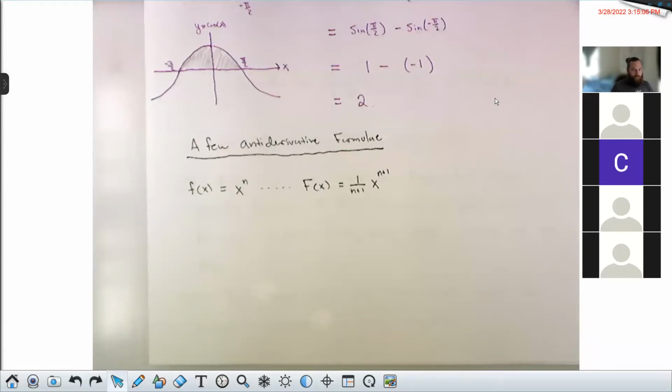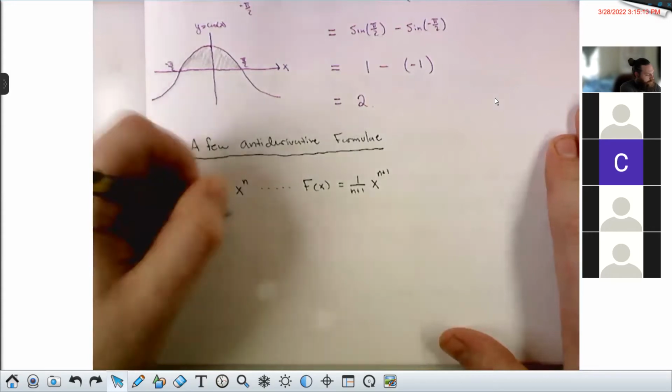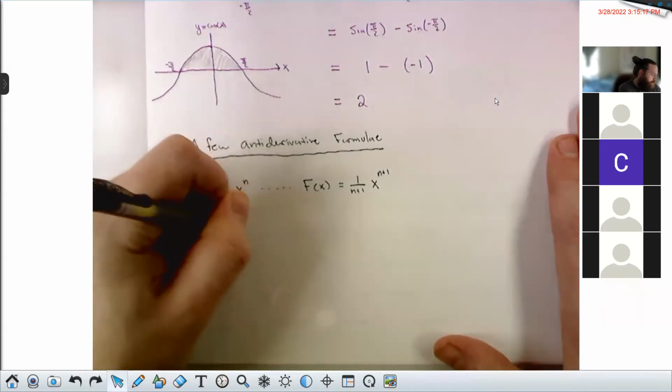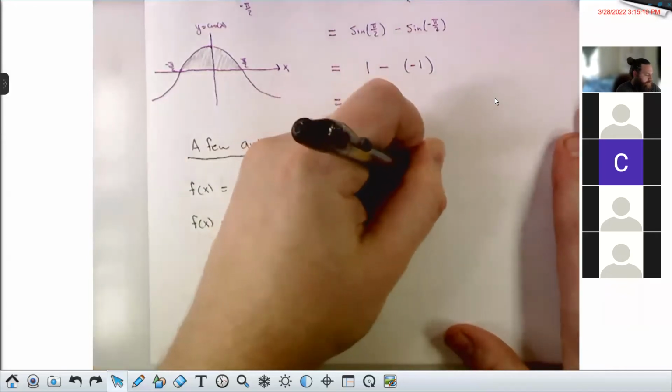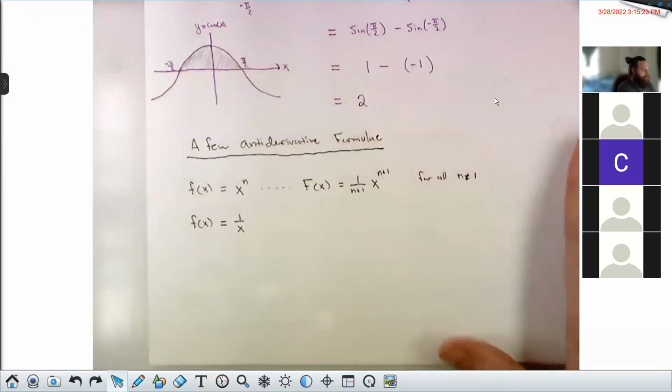Probably the most important single antiderivative recipe, but there are many, many others. I should say this is for all n except -1.